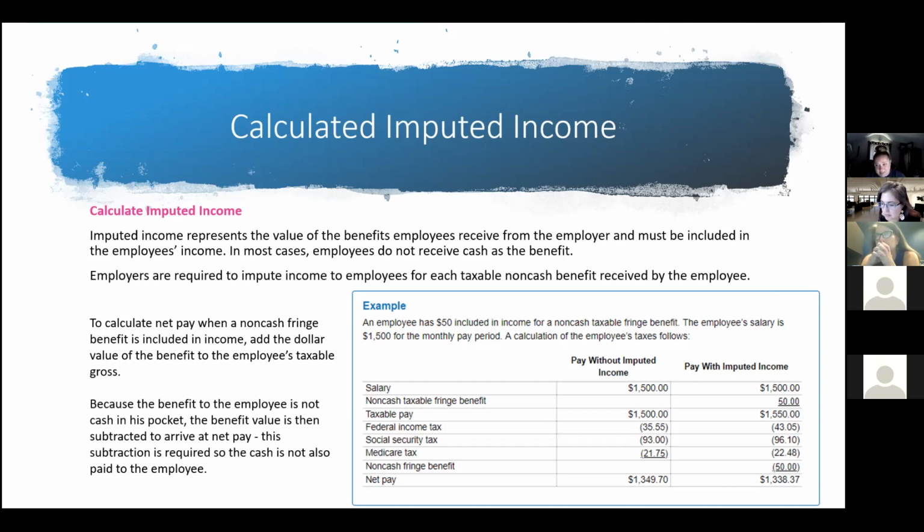We then calculate the taxes after that $50 has been added to their taxable income. And their net pay is different in those cases because the taxes are higher when the $50 was included as a taxable fringe benefit, even though they're not getting it in wages. Does that make sense? Perfect.